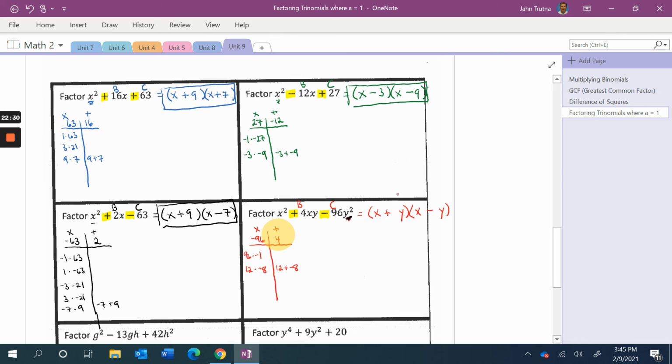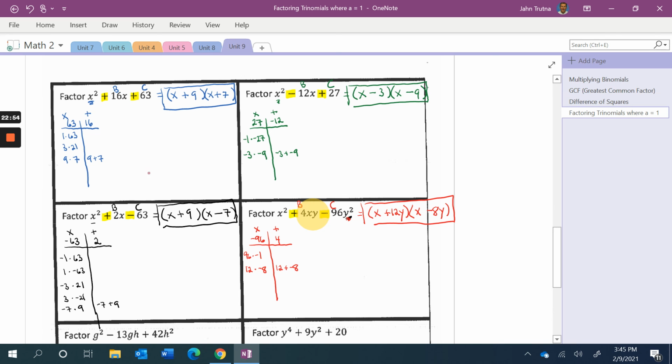So I have a positive 12, so it's going to be x plus 12y. And then I have a negative 8, so my other factor is going to be x minus 8y. So when I factor the trinomial x to the second power plus 4xy minus 96y to the second, I get quantity x plus 12y times quantity x minus 8y.